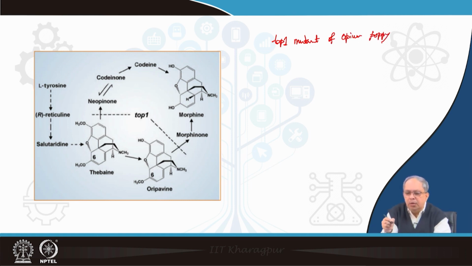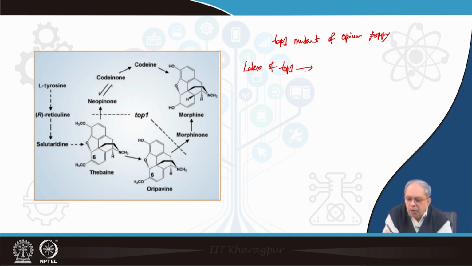So, this mutant basically was created by induced mutagenesis that I have mentioned. The seeds were treated with the mutagen and subsequently they were screened. One interesting aspect which they found very useful to find the proper mutant is that the latex of the top 1 mutant was found to be colored.